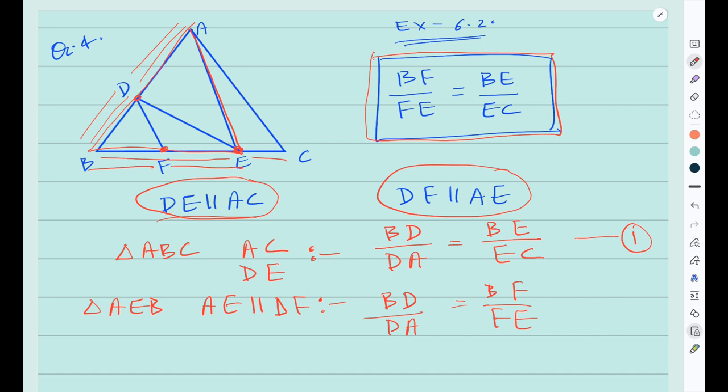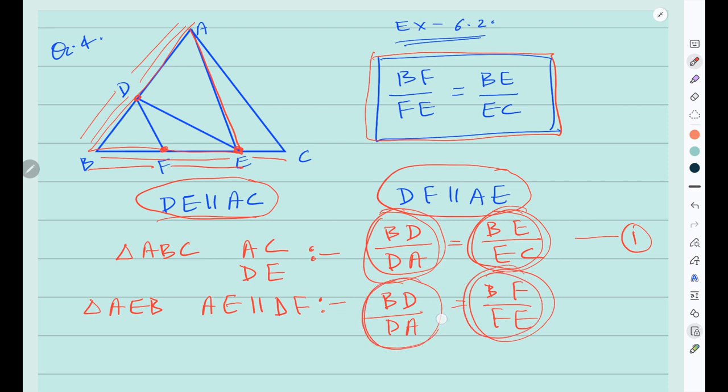So if there is no doubt, then you can see that these two have the same common ratio, so this will also be the same. Why? Because this is equal to this, and this is also equal to this. It means this is equal to this, and this is what needs to be proved.